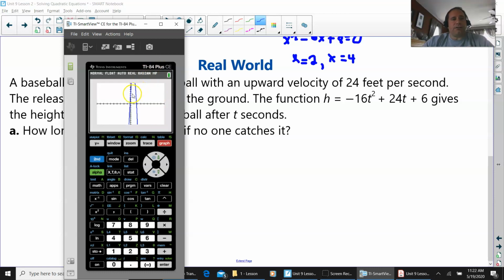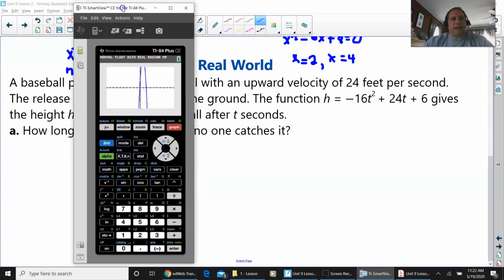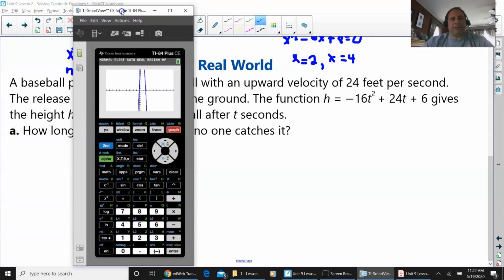So that is your parabola. And it's asking how long is the baseball in the air if nobody catches it. So first off, the roots are h equals 0 and h equals about 2.